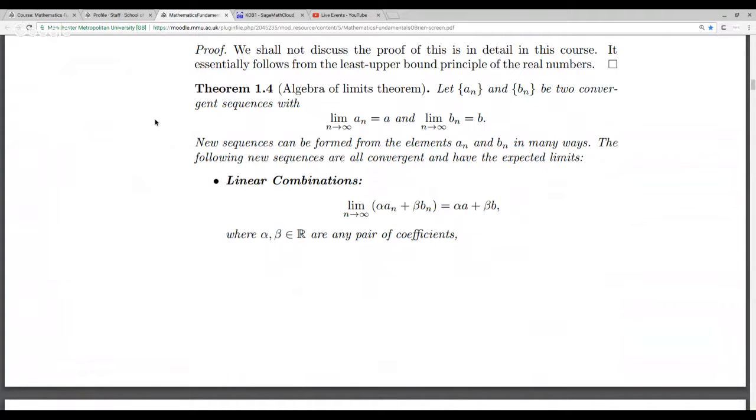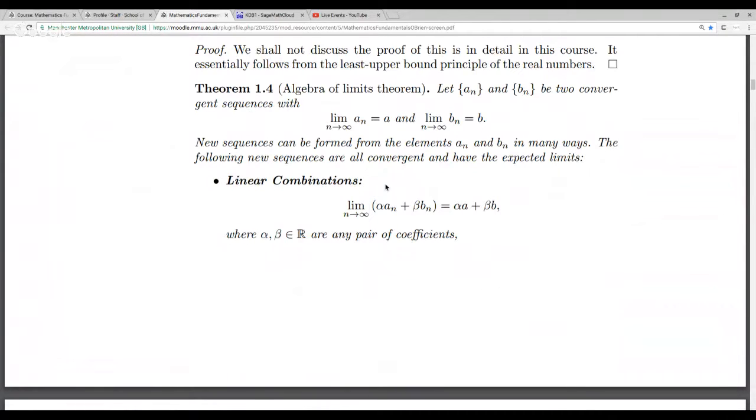So an is a sequence converging to a, and bn is a sequence converging to b. What this theorem establishes is three nice properties about what happens when you build a new sequence out of these two sequences that you already have.